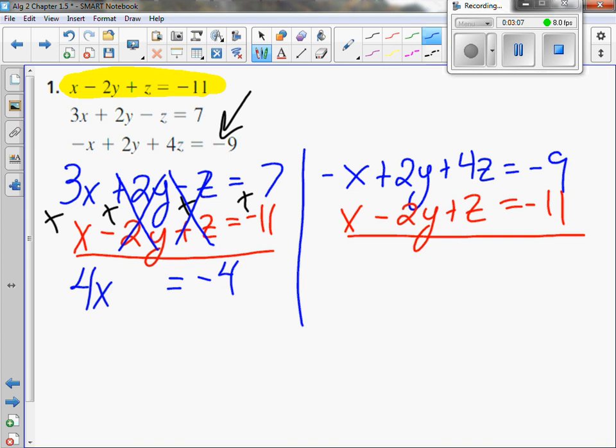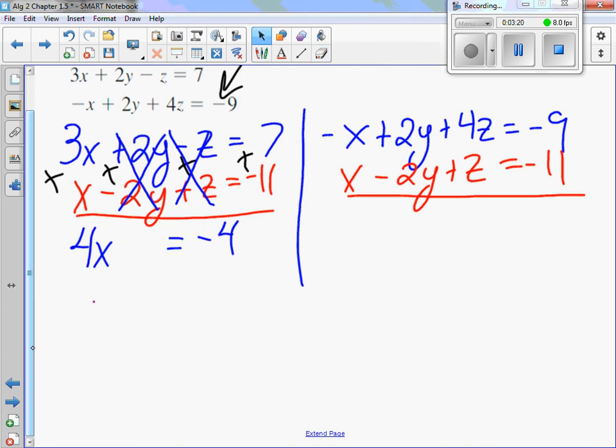Can't we just solve this for x? Let's do that. Let's go on and solve this for x. So what I need to do is just divide both sides by 4. You don't have to do this, I'm going to do this just so we can kind of see it. So we have 4x equals negative 4.